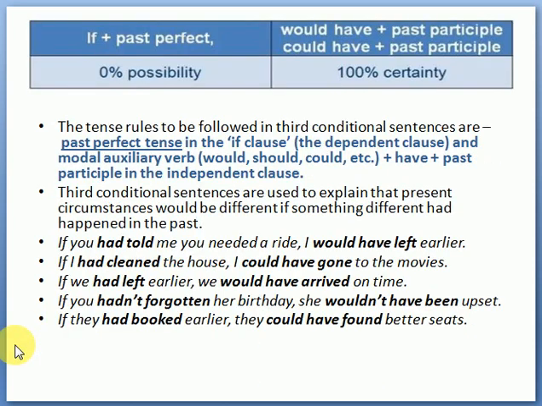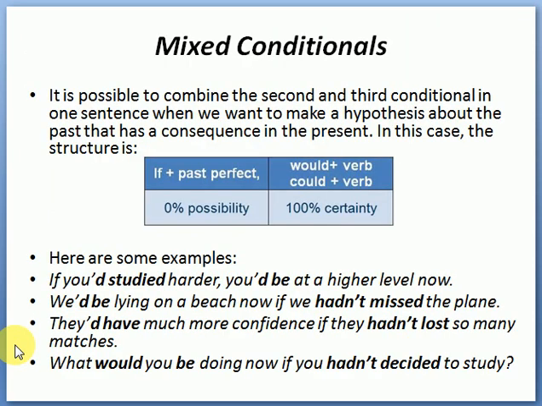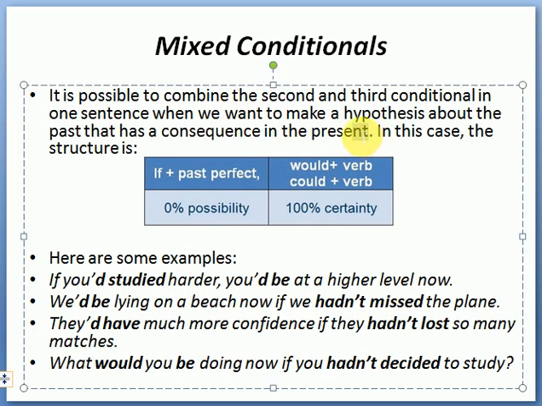So this is the third conditional, and now we have a look at the mixed conditionals. The mixed conditional is a kind of combination of the second and the third conditionals in one sentence. When we want to make a hypothesis about the past that has consequences in the present, you need to remember this, that this is what makes it different from the third conditional.